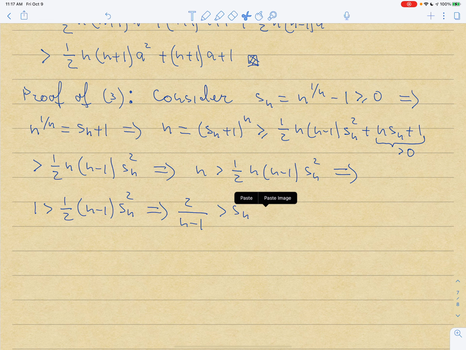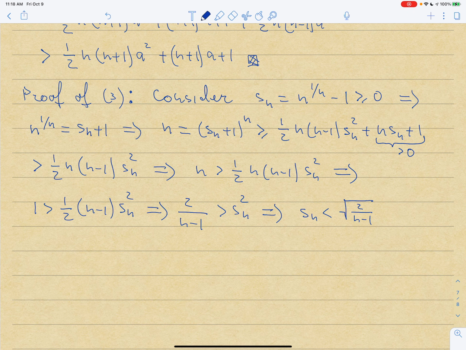And then if I take a square root of both sides, the inequality should still be preserved because square root is an increasing function. And so it follows that Sn must be less than the square root of 2 over n minus 1.